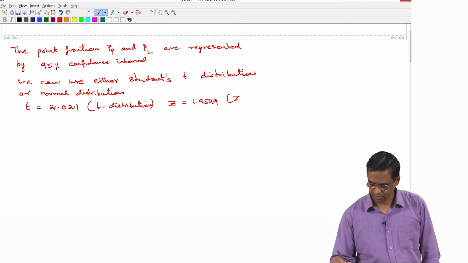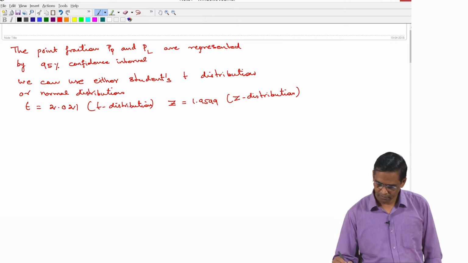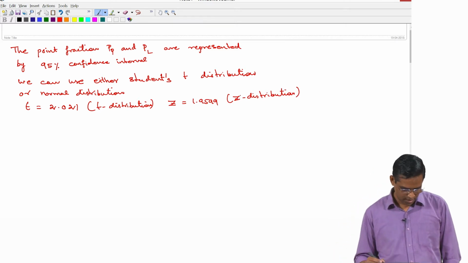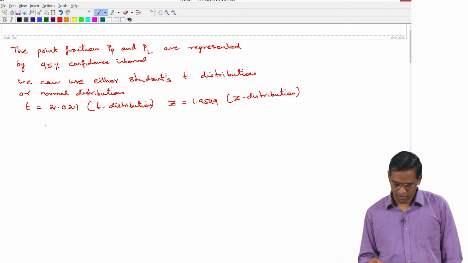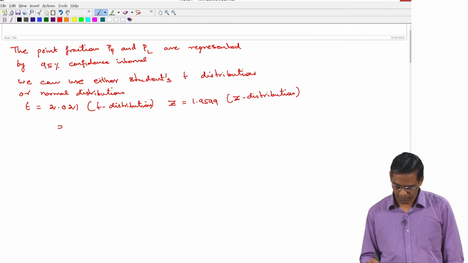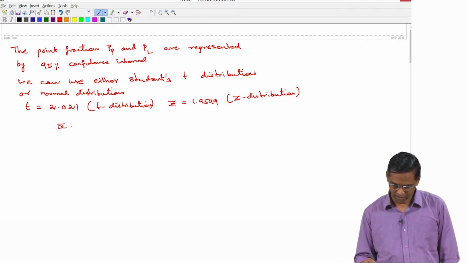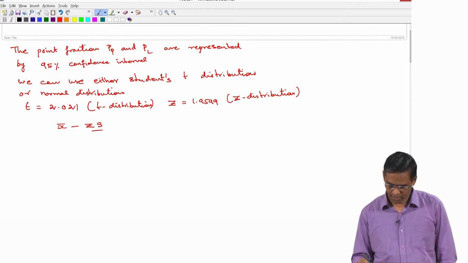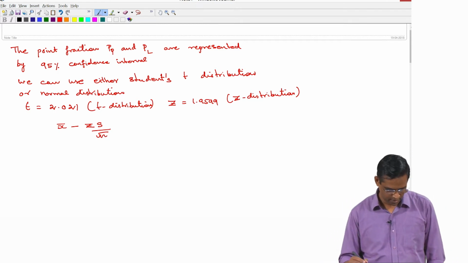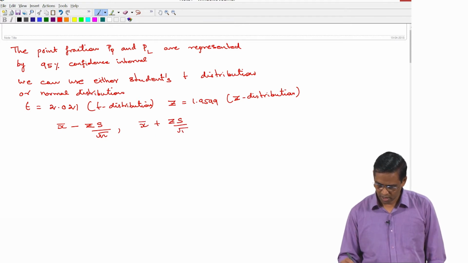This is the Z distribution or normal distribution. If you recall the formula, it is x bar minus z s upon root n, and x bar plus z s upon square root of n.